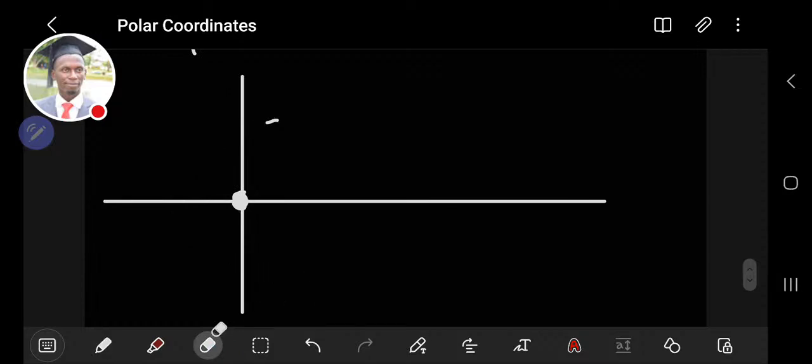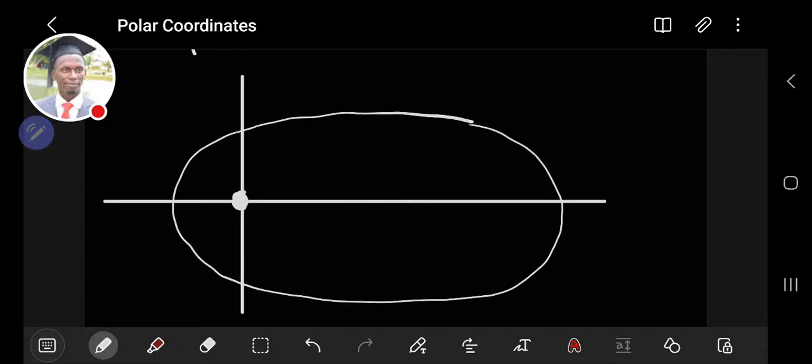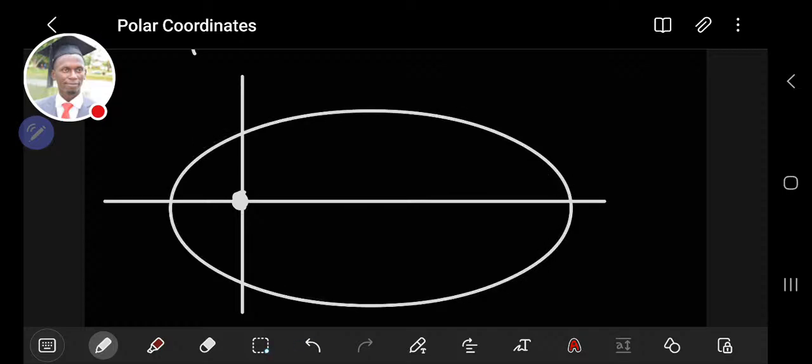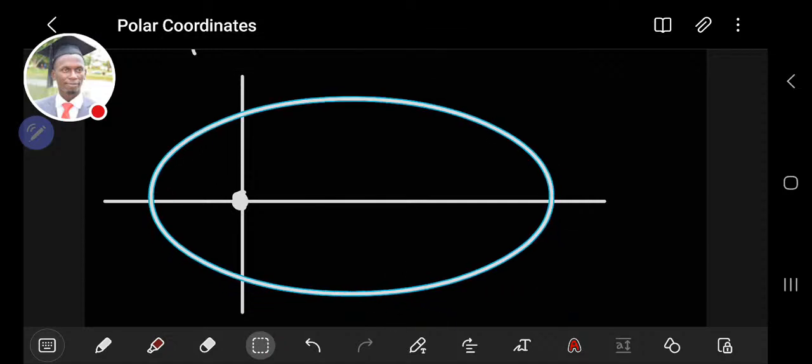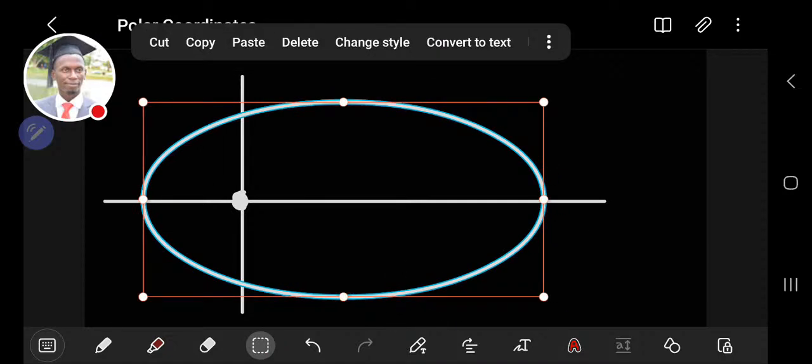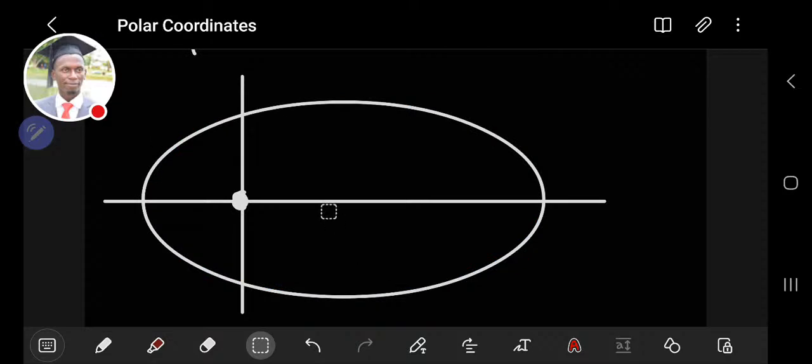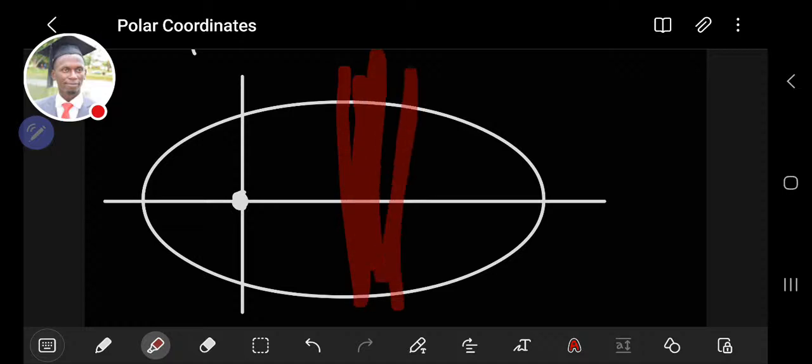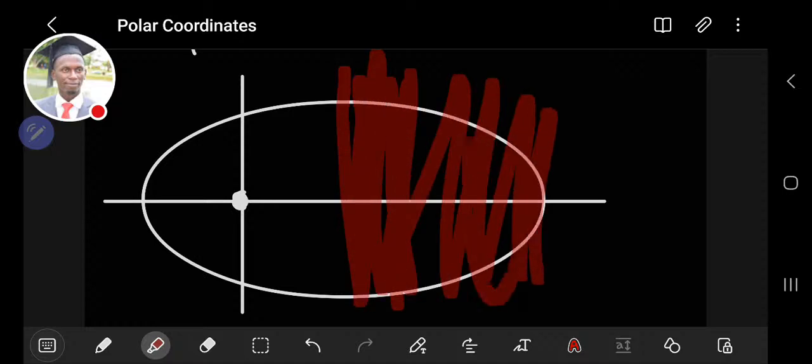But we know it is an ellipse. So being an ellipse, we know to say its complete form is going to be something more like this. So this is how the complete form is going to look like. But don't forget, when sketching it, we're looking at it as if it's one piece of a parabola. We're not looking at the rest of it this side.